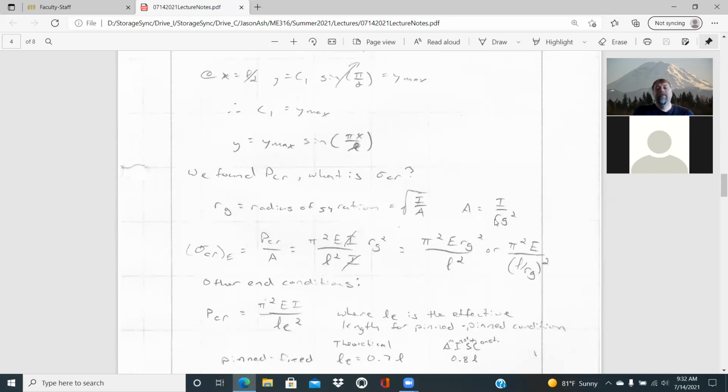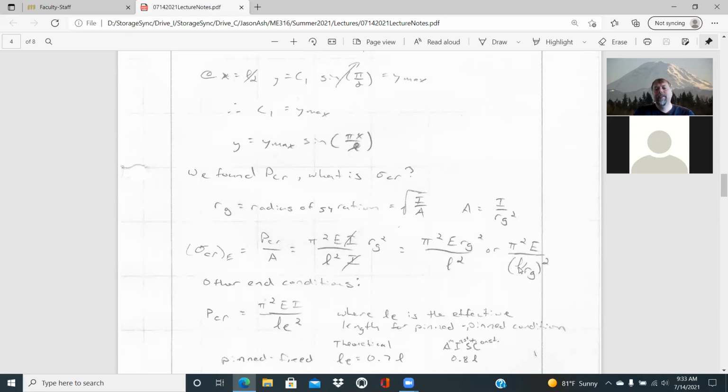Or we can substitute in I over the radius of gyration squared for A, and bring in our relationship for P critical, and get this into what's defined as a slenderness ratio. P critical, remember, is pi squared EI over L squared, and A is I over R_G squared. With that, the I's will cancel, and we're left with pi squared E over R_G squared over L squared.